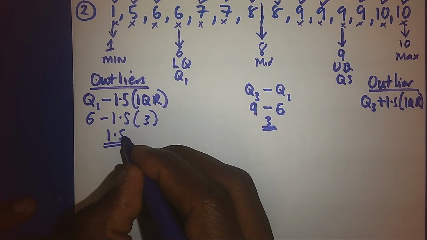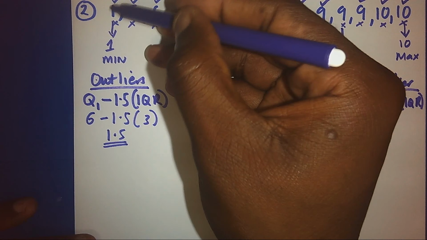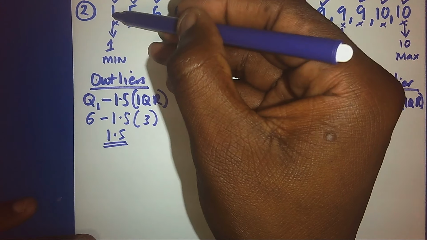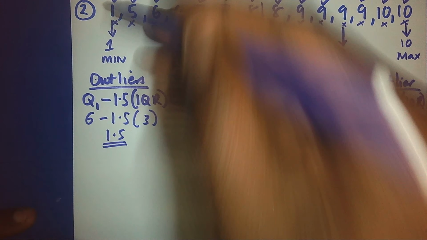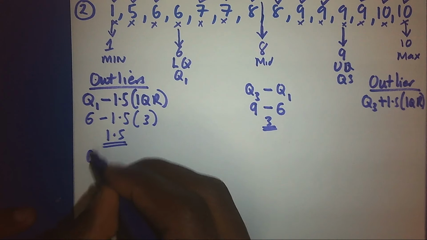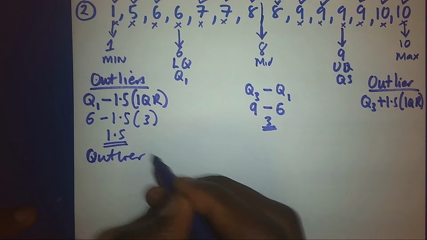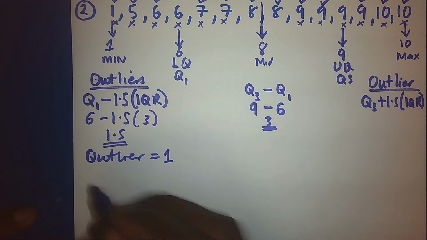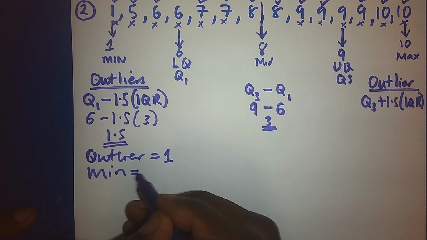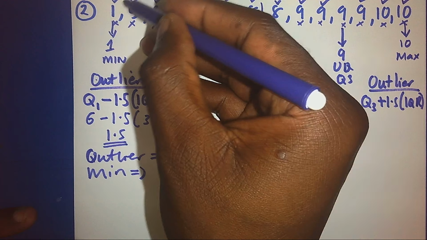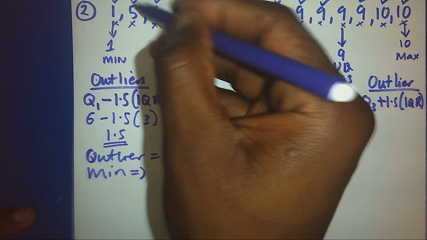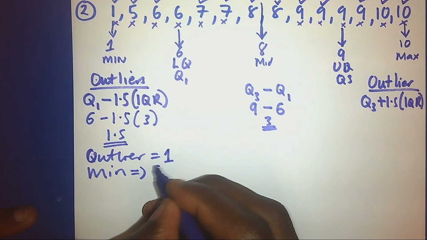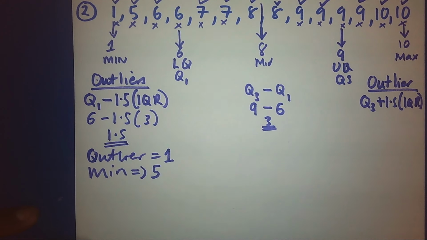So when you look closely, our data 1 is an outlier. This means our minimum value will change, and the next data, 5, will be our new minimum.